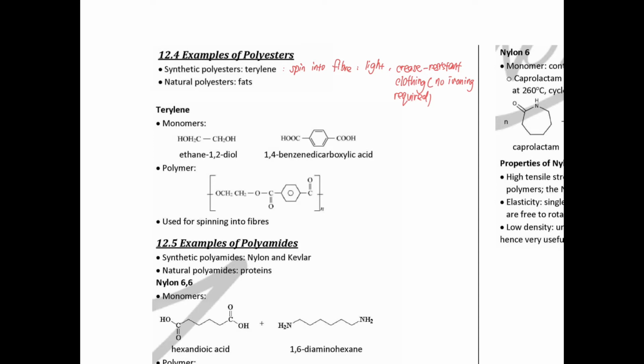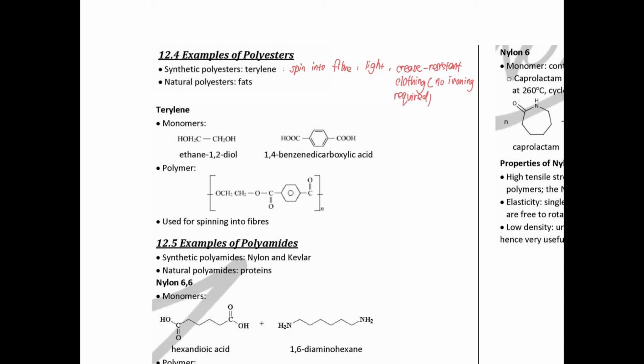This one has 2 different monomers that join up. So we have 1,4-benzene dicarboxylic acid. So why 1,4? 1,4 means, let's say this is carbon 1, so this is carbon 2, carbon 3, carbon 4. So carbon 1 and 4 are linked to the carboxylic acid.